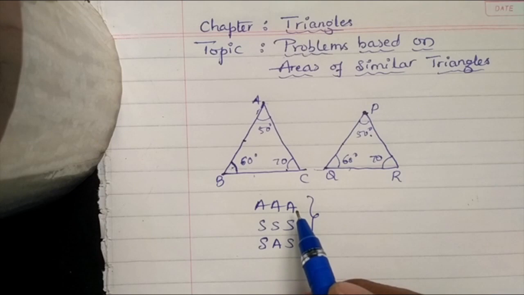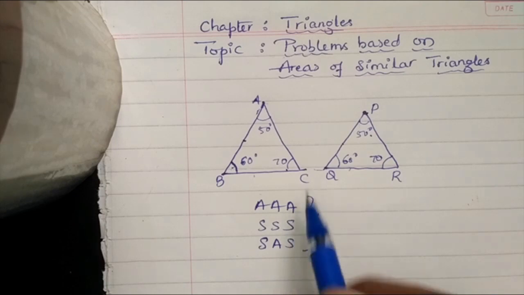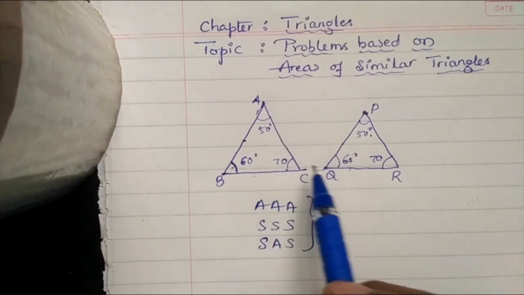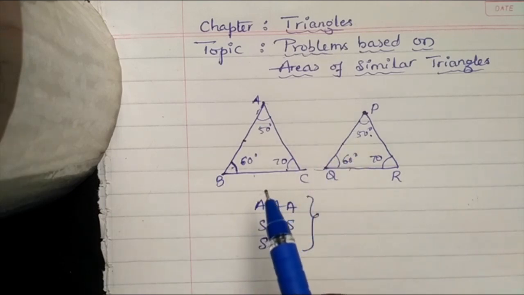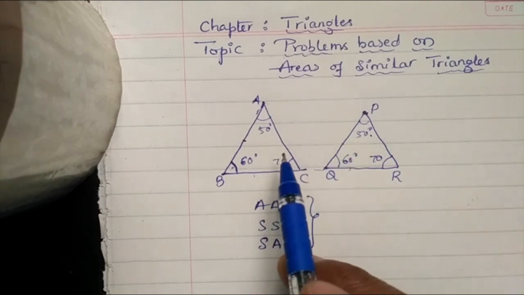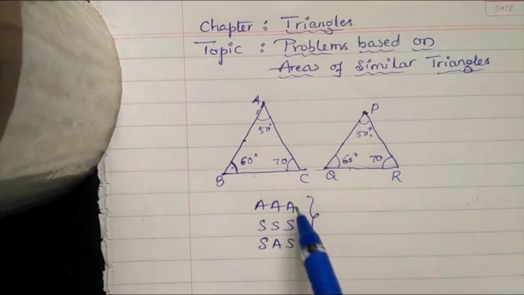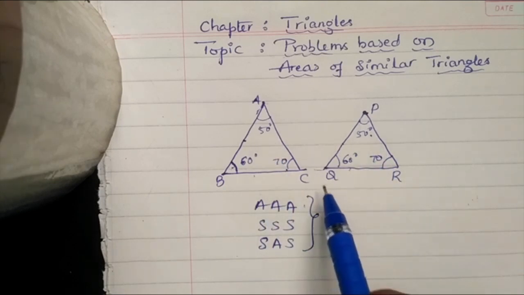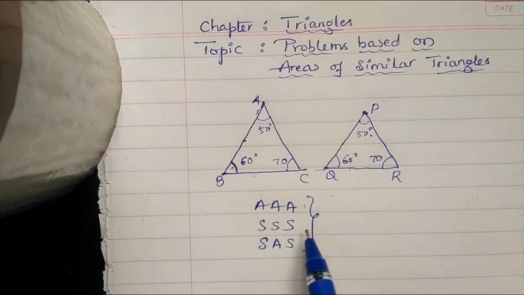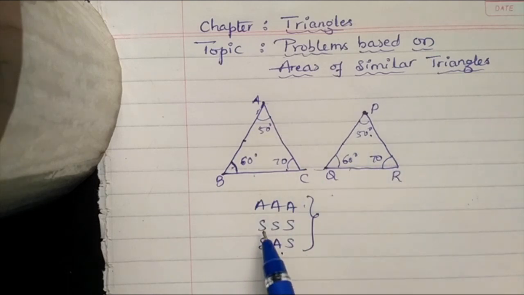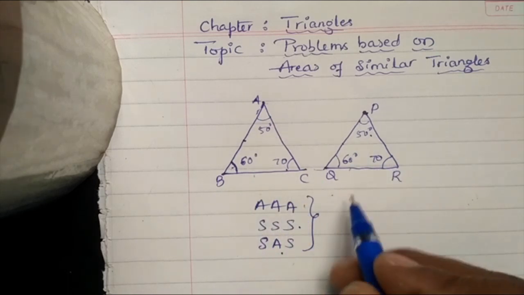Which criterion I should follow depends on what is given in the problem. Here all three angles are equal, so we go by AAA. Suppose all three angles are not given, but two sides are in ratio, use two sides and one angle, or if all three sides are in ratio, you can go by SSS. Out of these three, any one you can use.